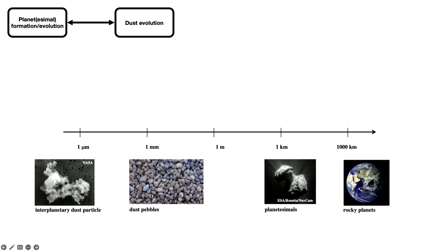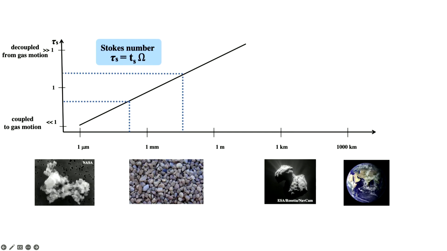So probably, when you want to grow dust to planets, you have to go through many, many orders of magnitude in size, starting from these fluffy sub-micron dust grains to the dust pebbles, planetesimals, to the rocky planets. And for us modelers, what is very important is the coupling to the gas, which we express in the Stokes number, which is the stopping time of the grain times the orbital frequency.